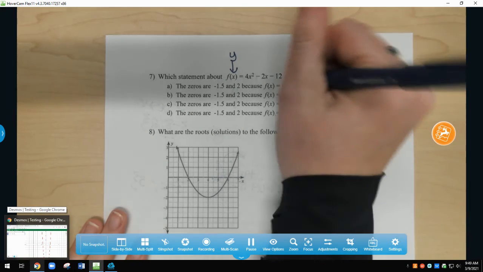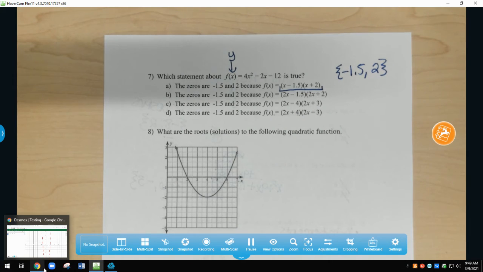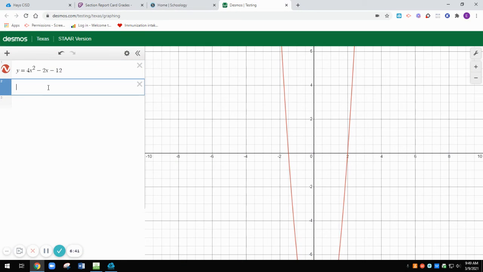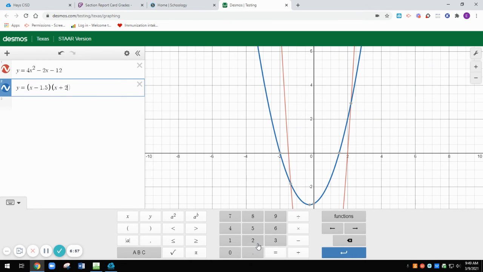So we're going to type in this part into Desmos to see if it overlaps. So we're going to put it in line 2. So we have y equals parentheses x minus 1.5, close the parentheses, parentheses x plus 2.